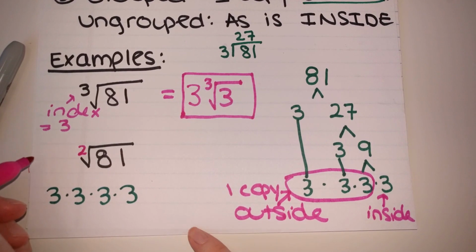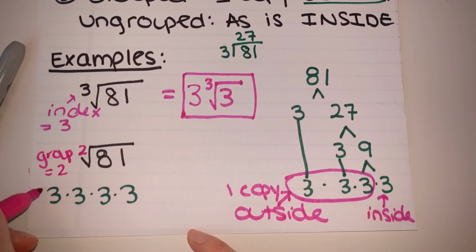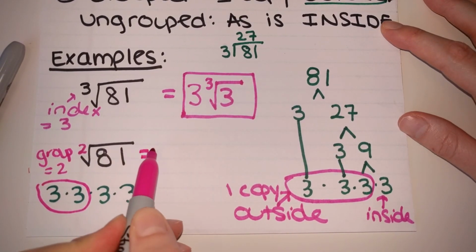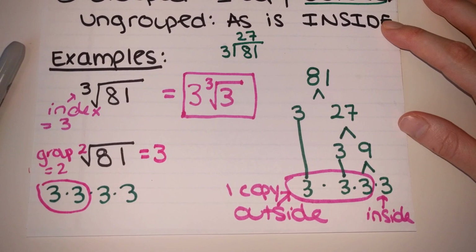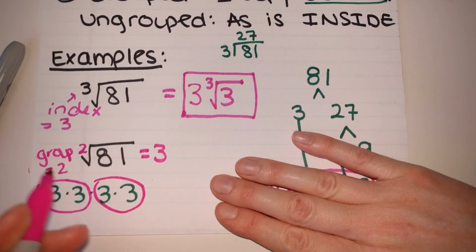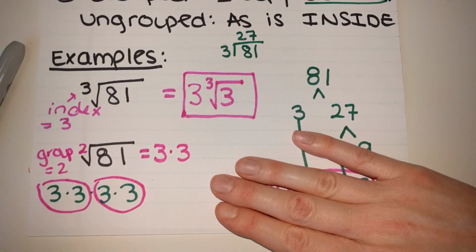So now I am going to group in groups of 2. If I group in groups of 2, I have two 3s here. So that means I'm going to have one copy of 3 outside of the radical. And then I have another group of two 3s. So I'm going to have another copy of 3 outside of the radical.